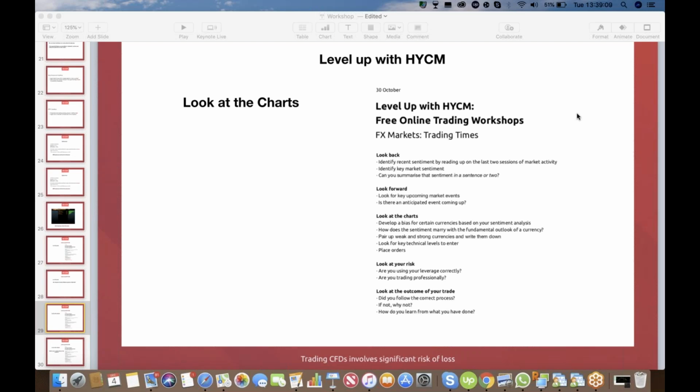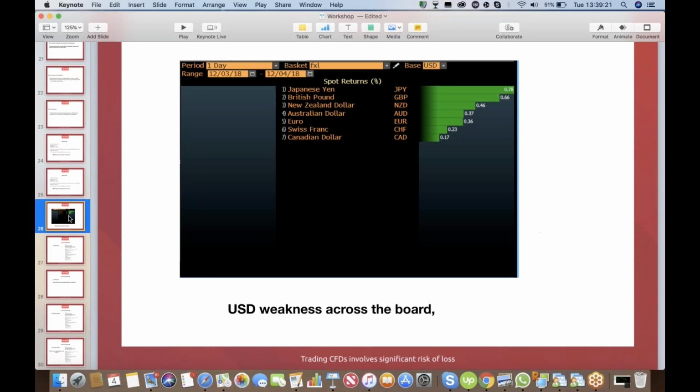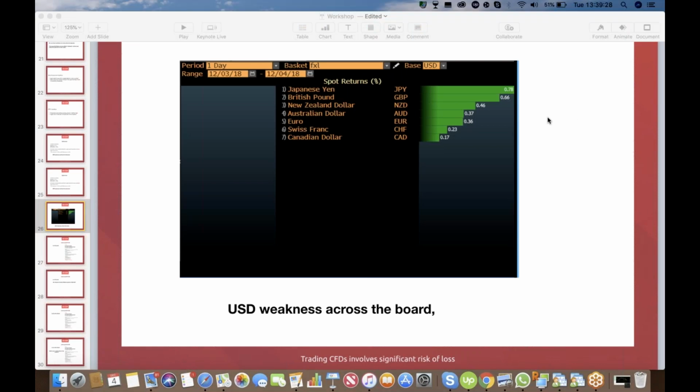What we do is pair up weak and strong currencies. So which currencies are strong at the moment? I'll give you a clue.